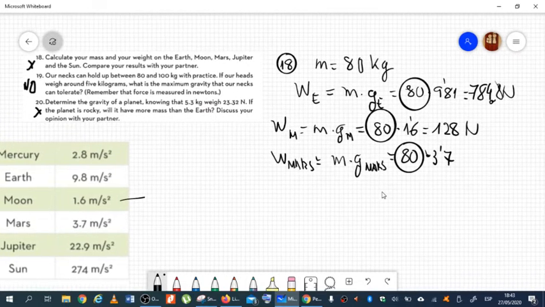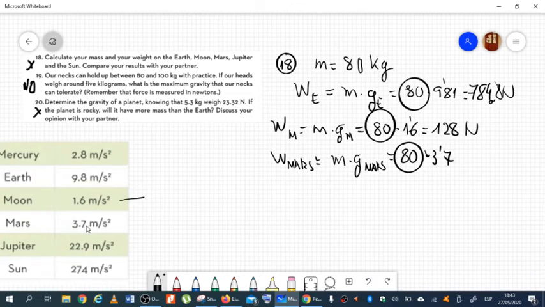So on Mars, we can jump higher with a lower effort than on Earth. So it is 80 multiplied by 3.7 is equal to 296 newtons.